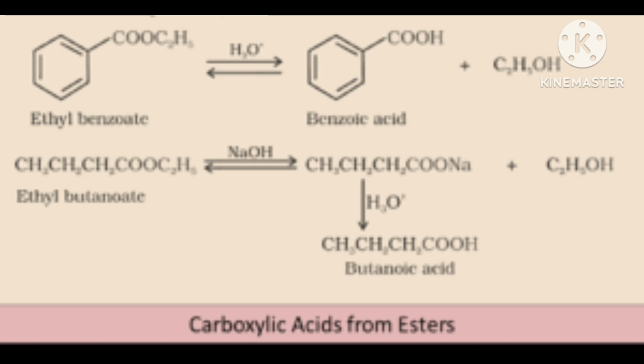What you got is sodium butanoate, and on further hydrolysis, in the place of Na, H plus will go. Then you will get butanoic acid. The propyl group was there, and C double OH is there, so total 4 carbon. That's why butanoic acid.